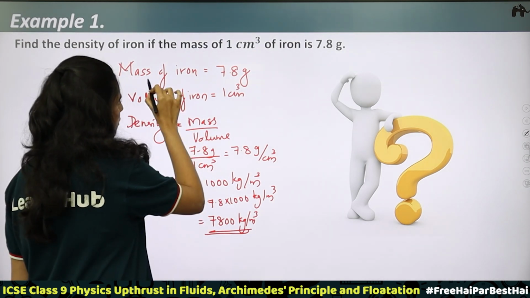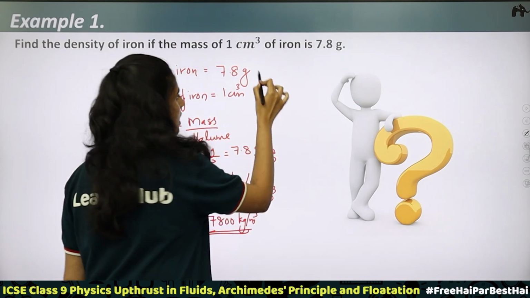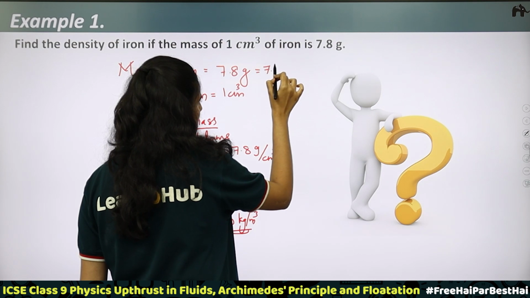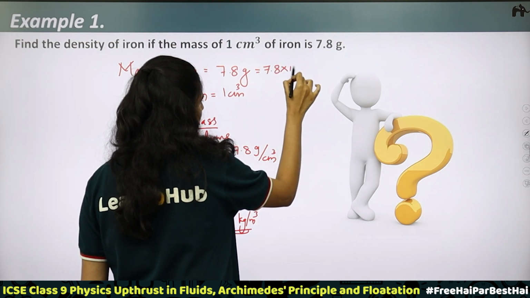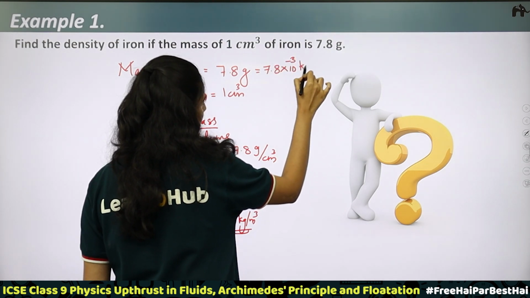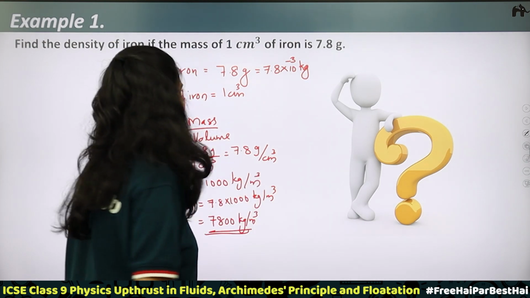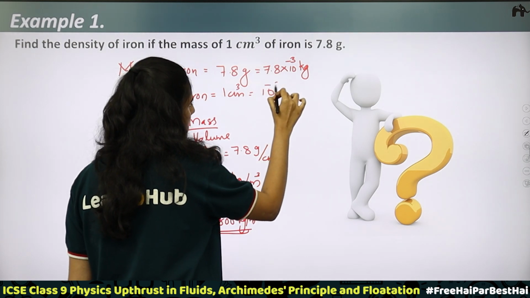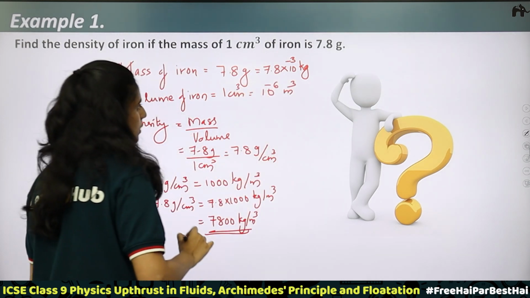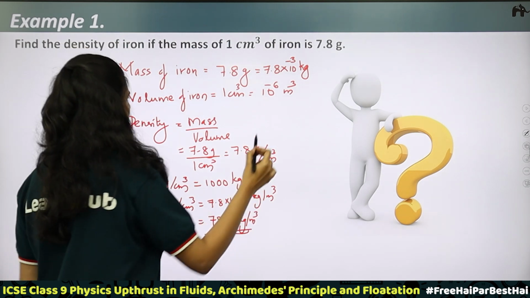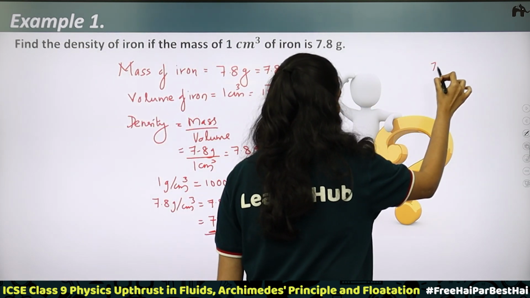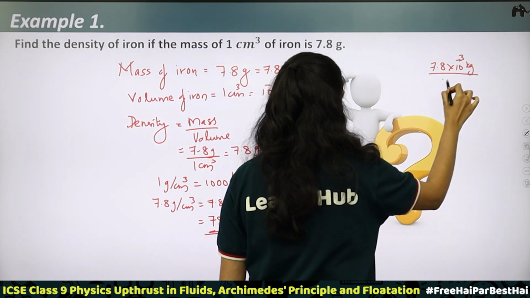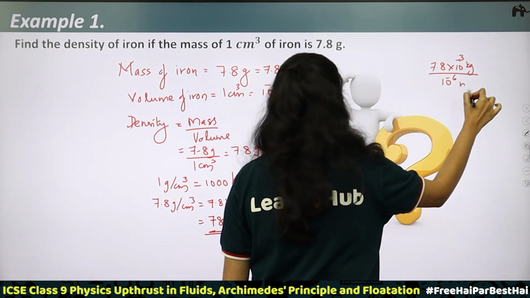Now, let's check this. Mass of iron is 7.8 grams, which in kilograms is 7.8 into 10 raised to minus 3 kilograms. Now, 1 centimeter cube will be equal to 10 raised to minus 6 meter cube. Then what is the density on dividing? 7.8 into 10 raised to minus 3 kilogram divided by 10 raised to minus 6 meter cube.